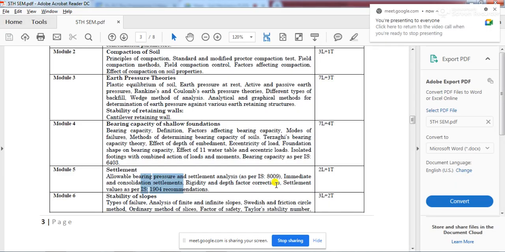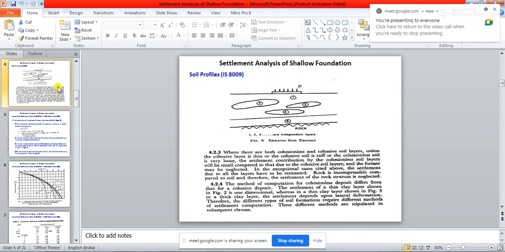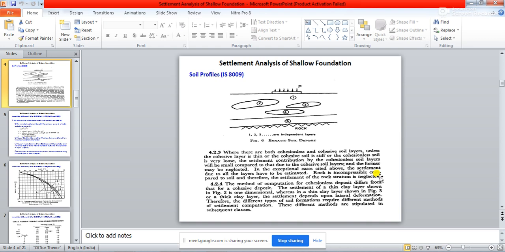If you see this line, it is very clearly said that rock is incompressible compared to soil, and therefore the settlement of rock stratum is neglected. So if you are constructing a foundation on a purely rocky stratum, then you can expect that there will not be any settlement in that rocky stratum. Is it okay?